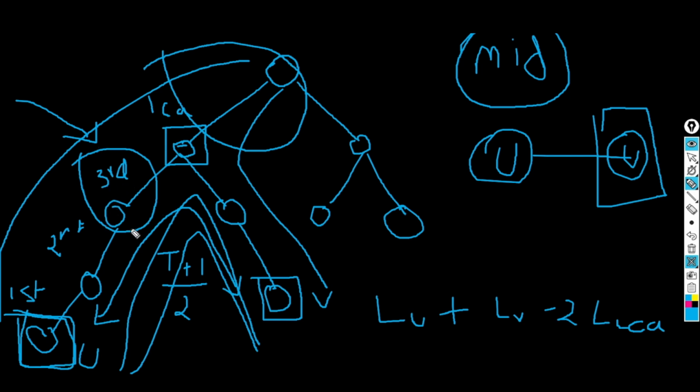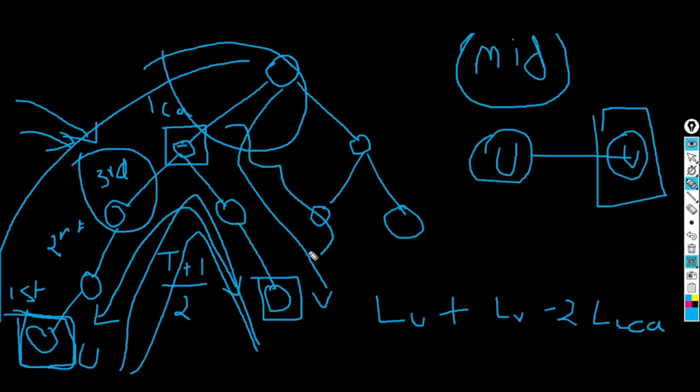I just know this is the third node from the uth node. That's all I know. What we can do is lift u that many number of times to reach it, and we can use the ancestors array to see what node lies here. But the problem is, what if the node lies in this branch?